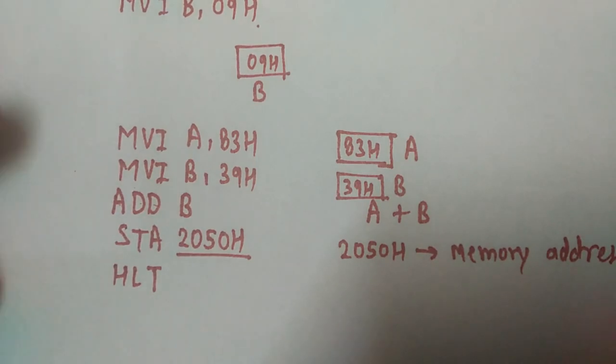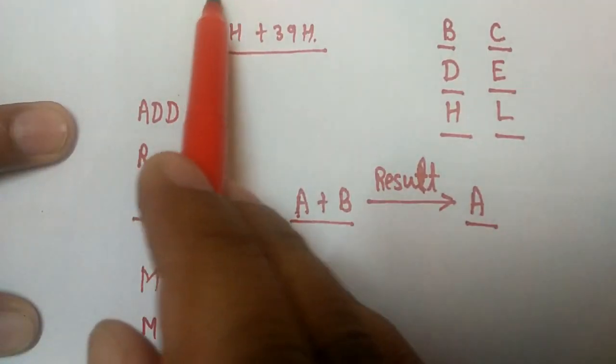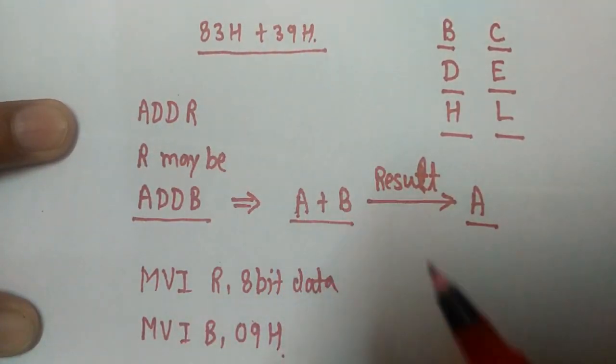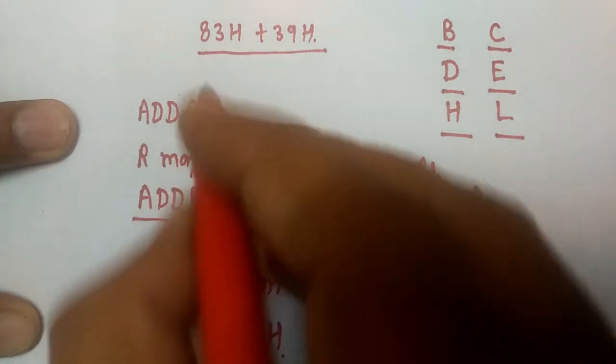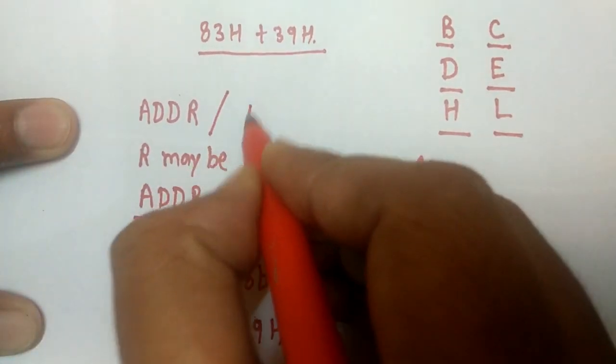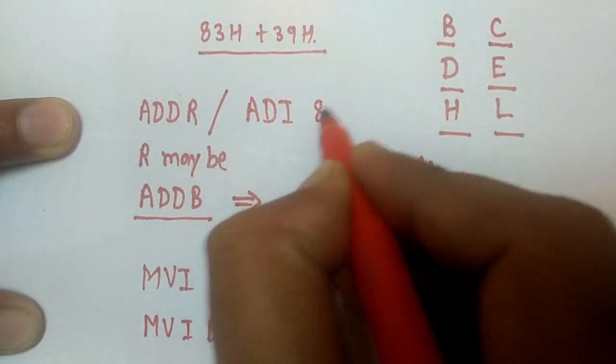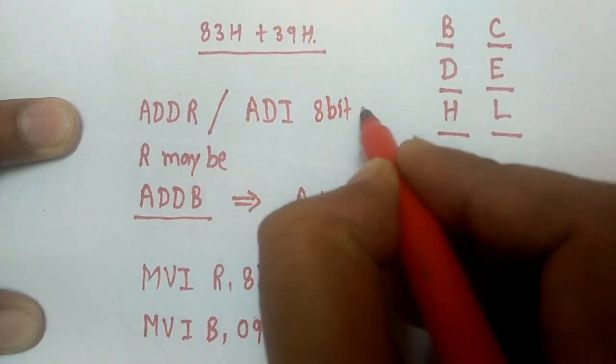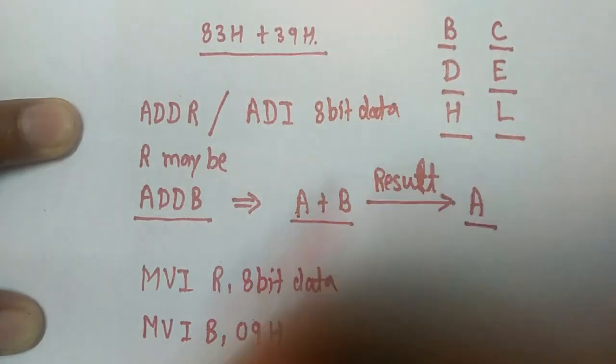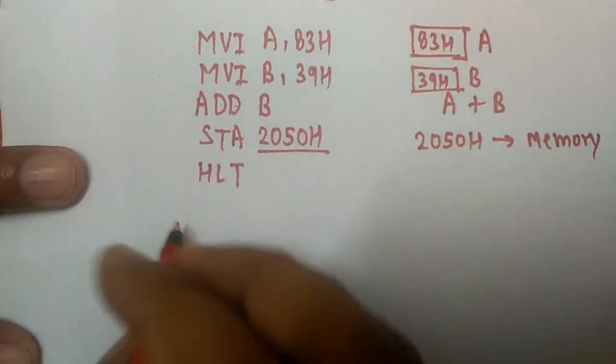Now we can write the same program, that means we want to add 83H and 39H, by using a different instruction. Now I am going to use the instruction ADI 8-bit data. Well, what is ADI 8-bit data?